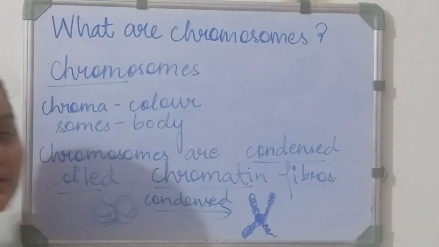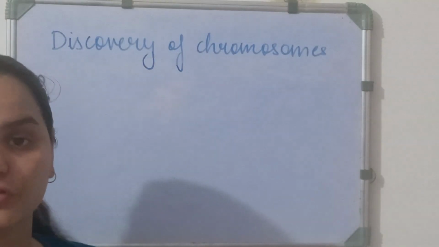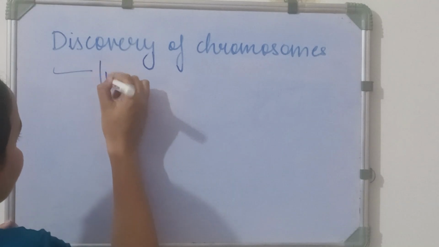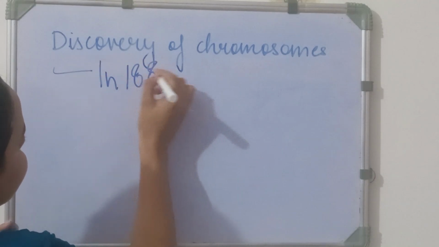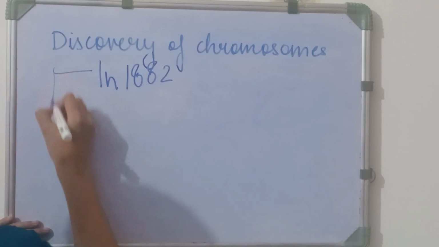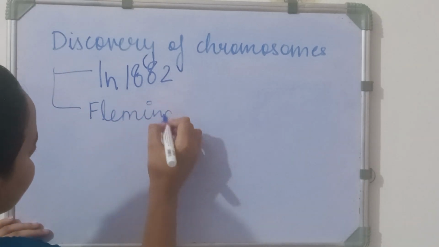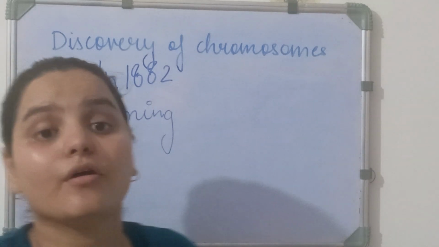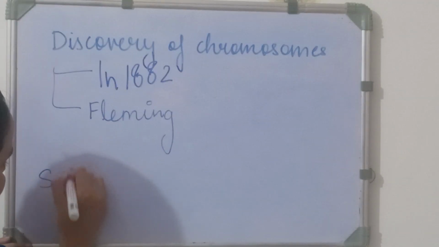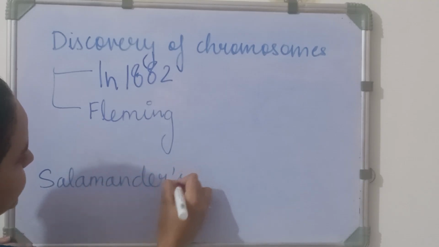Okay. Now, let's move to the next topic. Discovery of chromosomes. So, what happened in 1882? A scientist named Walter Fleming took cells of a salamander's larva.